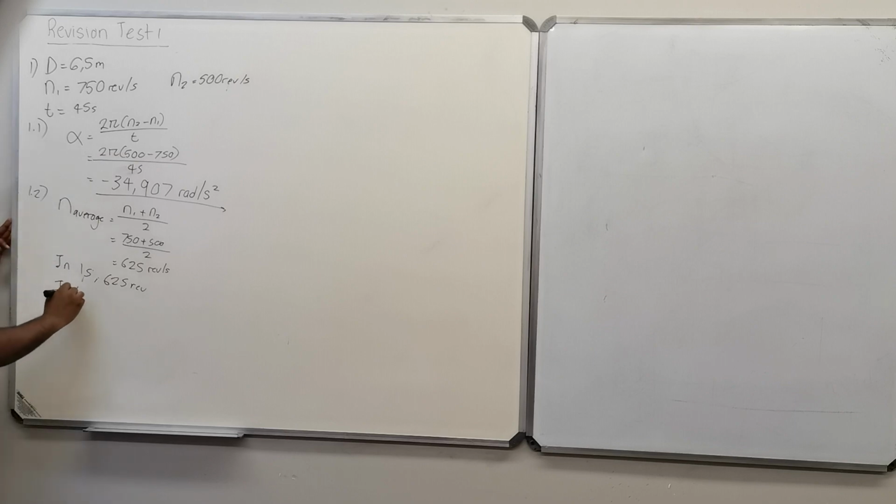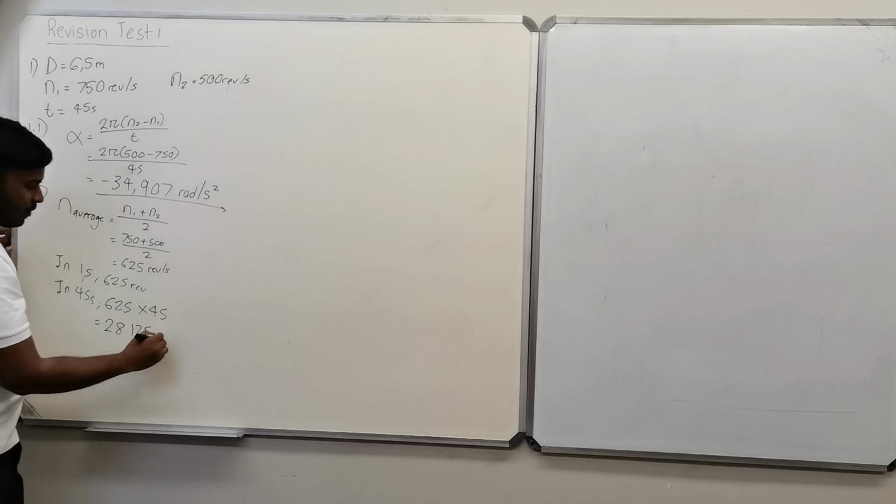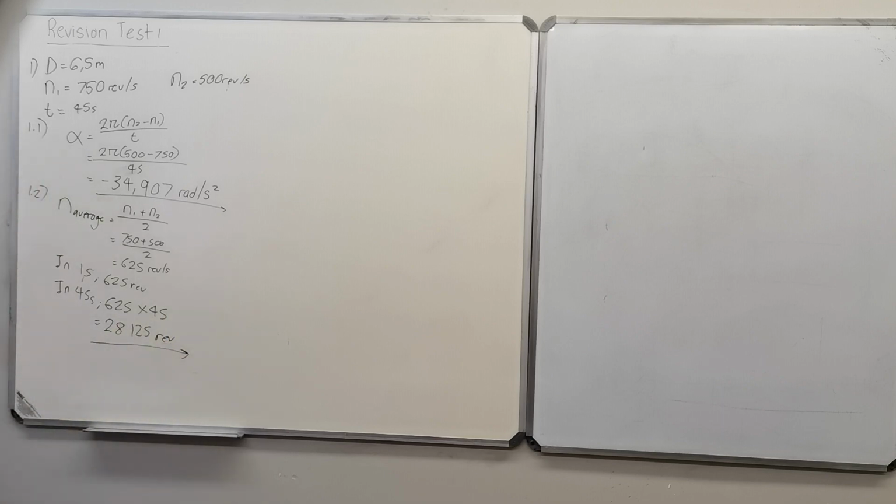So in 45 seconds you're going to end up with 625 times 45, which is 28125. That's all revolutions. Therefore that many revs during deceleration. That's right.